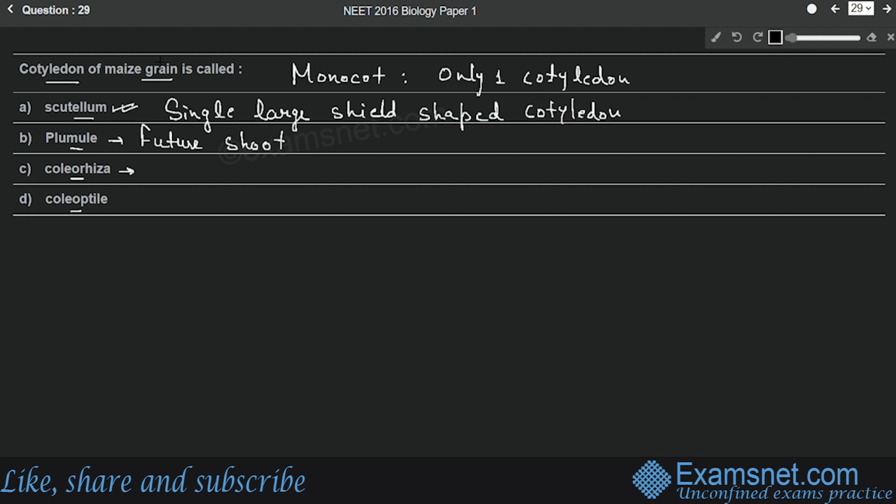It is the protective covering of the radicle, okay, protective covering of the radicle of root. And what is coleoptile? It is the protective covering of plumule. So I hope you understood this. Option A will be the correct answer.